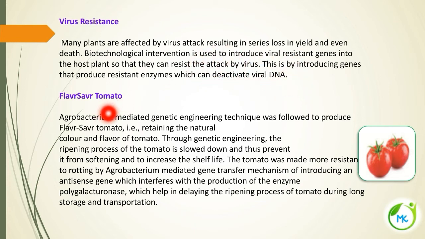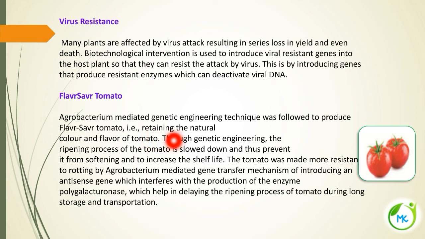Okay, so one is Flavor Saver tomato. Flavor Saver tomato, how is it produced? Agrobacterium mediated genetic transfer technique was followed, and using this technique, that is agrobacterium mediated genetic engineering, it produces Flavor Saver tomato.